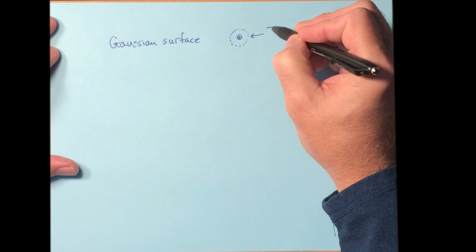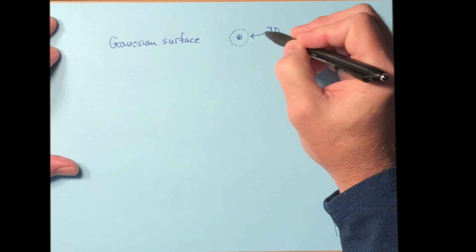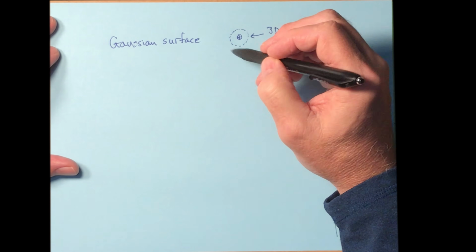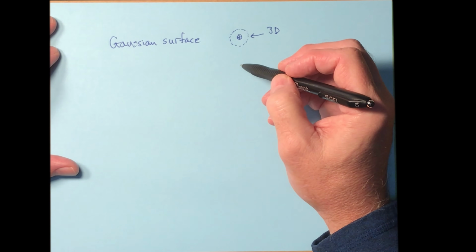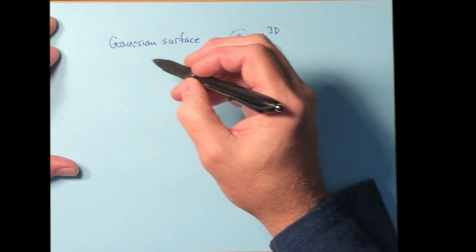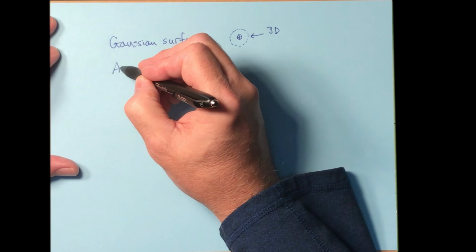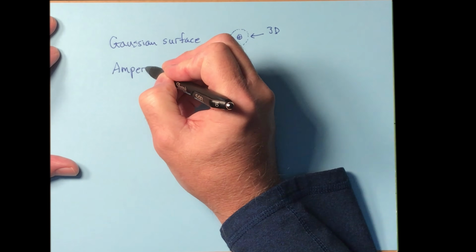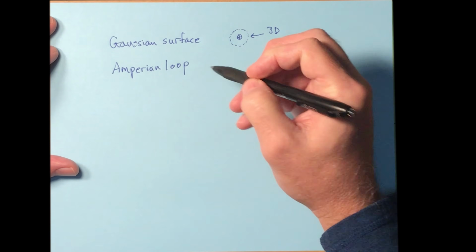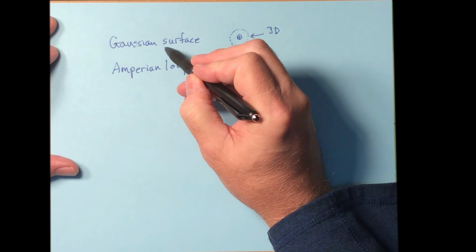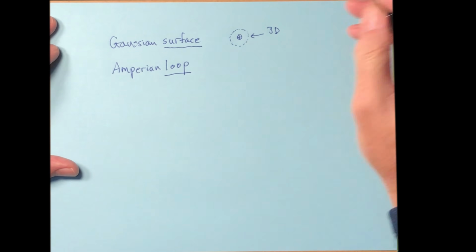But this was a three-dimensional closed surface, and it was enclosing the charge. Okay. For Ampere's law, we're not going to have a closed surface. Instead, we have something called an Amperian loop. Now, let's think about why is that a surface and this a loop.